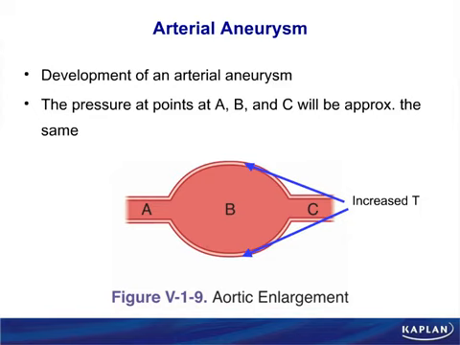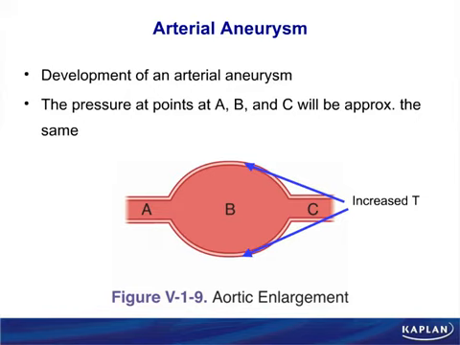Now the pressure inside the vessel at points A, B, and C all along that vessel, remember there's very little resistance here, so the pressures are the same. But the aneurysm, which is a ballooning out of a blood vessel, will have elevated wall tension because even though the pressure is the same, the radius is much greater.